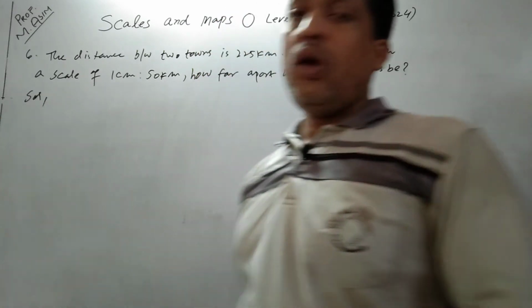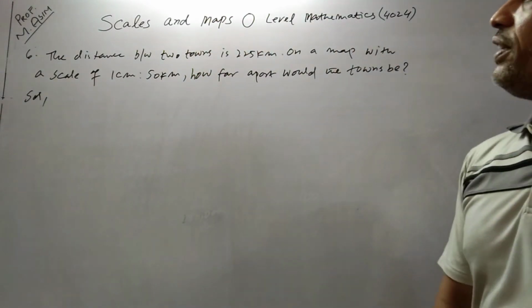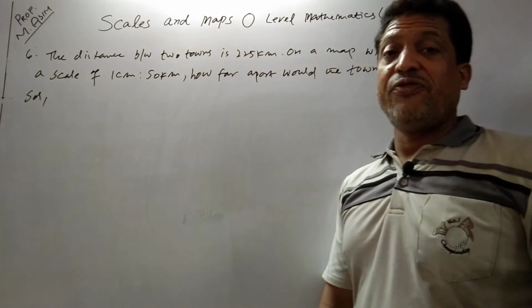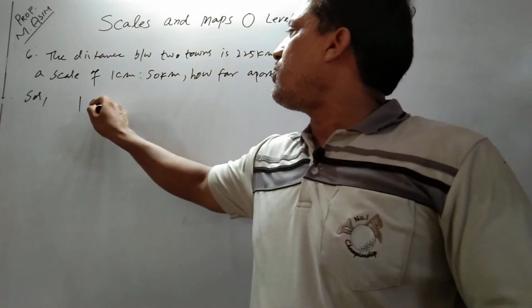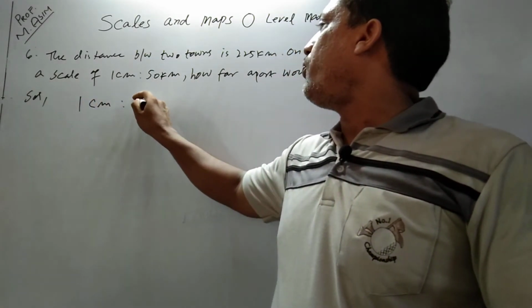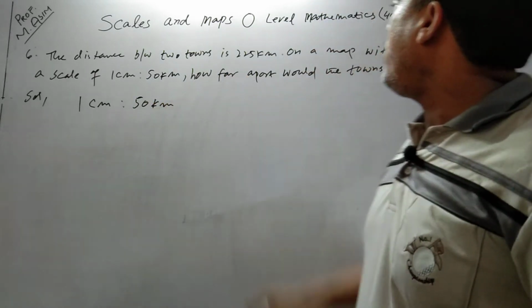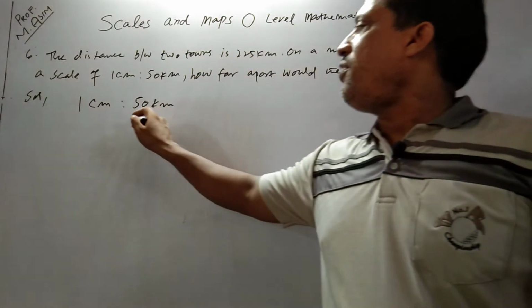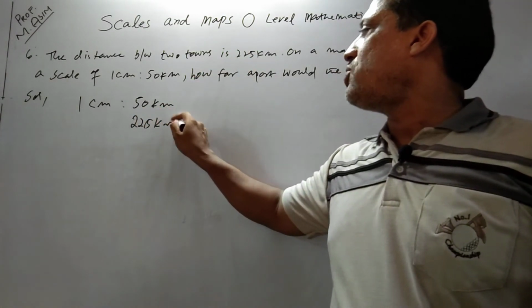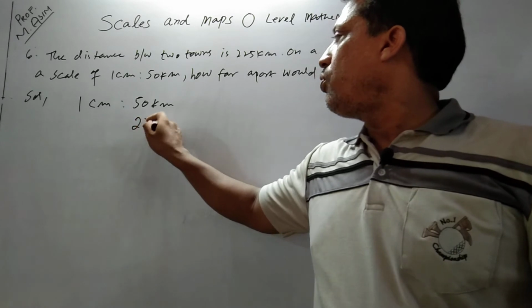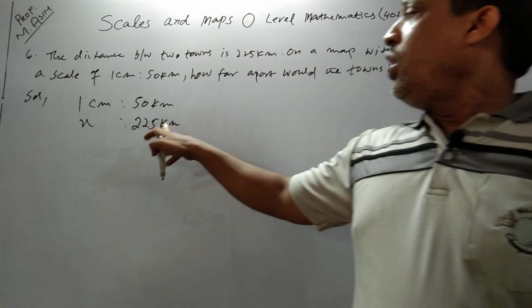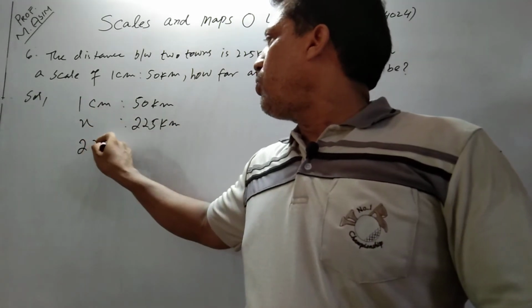Solution. The distance between two towns is 225 kilometer on a map with a scale of 1 centimeter to represent 50 kilometer. How far apart would the towns be? So 225 is the actual value and this is x. 225 by 1 is 225.